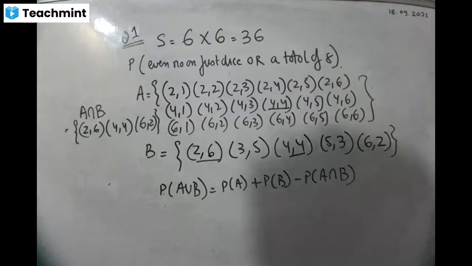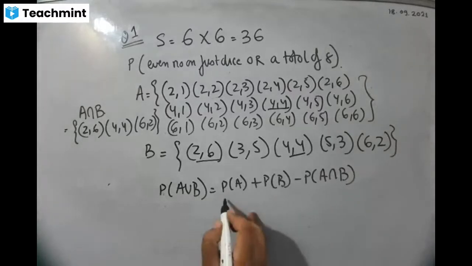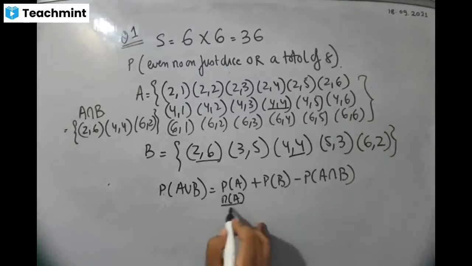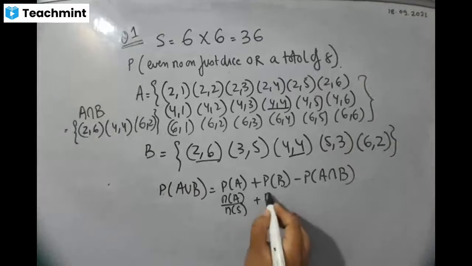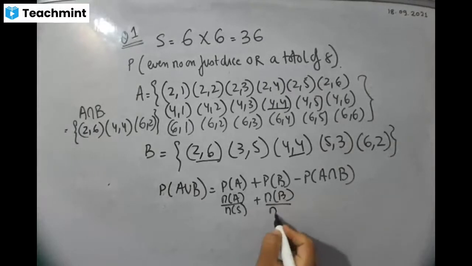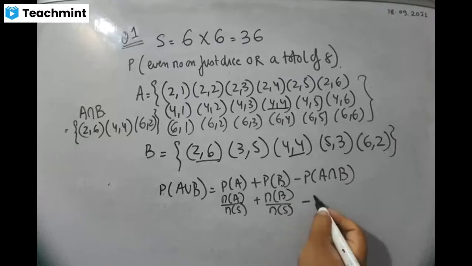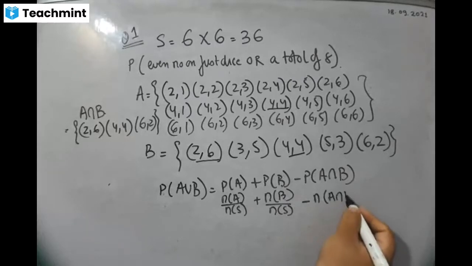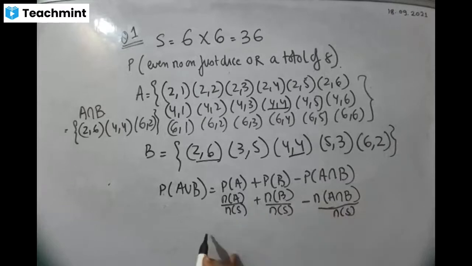Okay. So tell me, what is probability of A ko formula? N of A divided by N of S. B ko N of B divided by N of S. And A intersection B ko N of A intersection B divided by N of S. Now put the value.